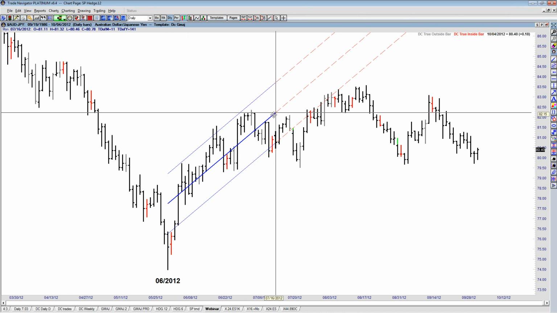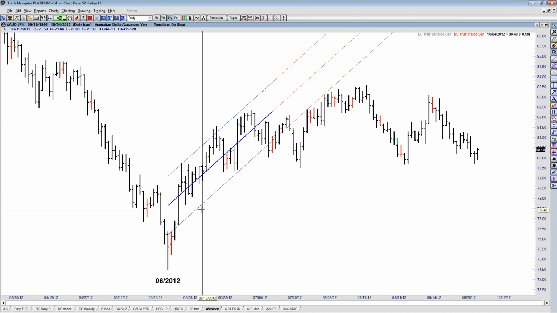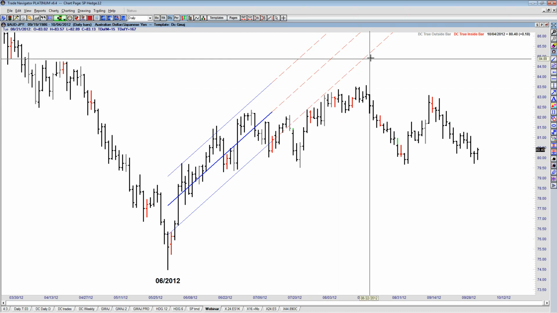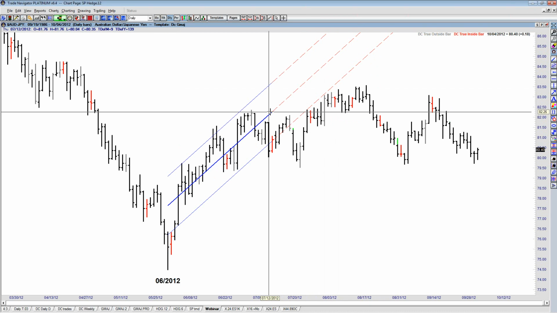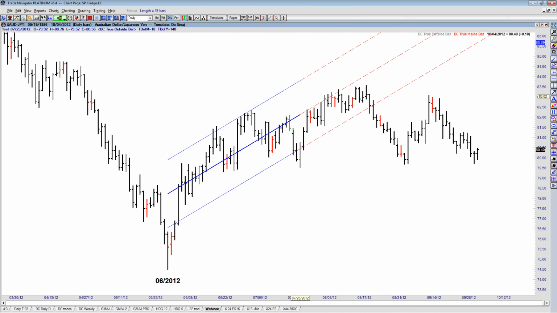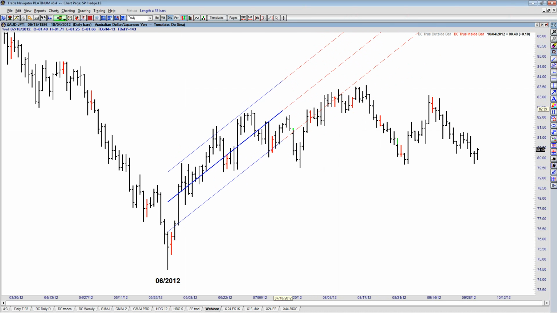So what you have to do is back it back until you've just got contact with that bar. And you want it on the top of that first reaction or as close to it as possible. And you will see from that, you've now got your extension channels. You can't move this up because you're going to lose that contact. Once you've lost that contact, it's no longer valid.